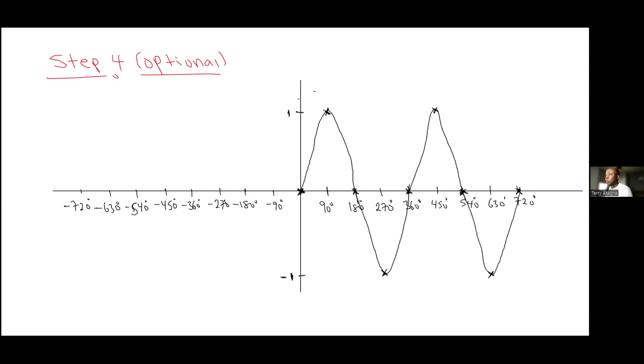So the same thing you do for minus 90. It's going to be minus 1, then goes down to minus 180, then goes to 0, goes to 1, then comes back to minus 360, then 450 is going to be minus 1, then 540 is going to be 0, then this is going to be minus 630, and it's going to give you minus 720 here.